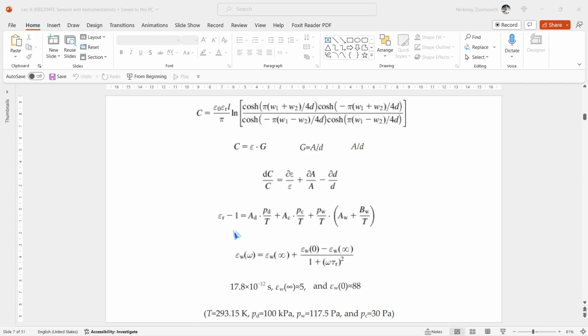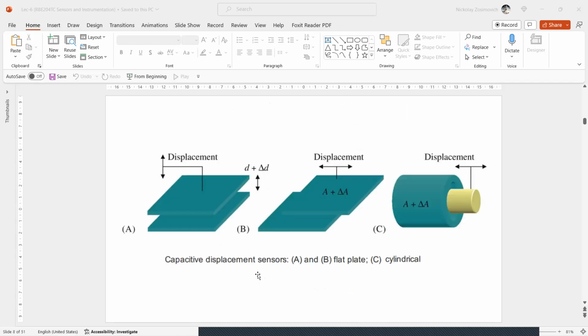For water, the frequency dependency is expressed as in this equation. Analytically, we can find minus 2.3 times 10 to the power minus 6 per degree in temperature. Temperature effects can be minimized using balancing technique and proper electrode material.